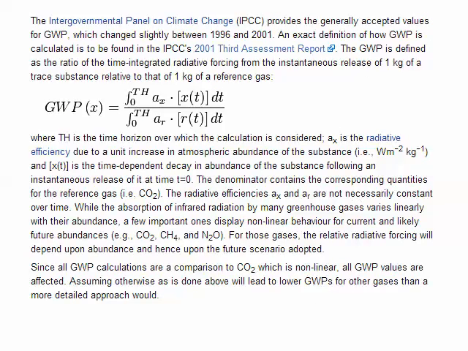GWP is defined as the ratio of the time integrated radiative forcing from the instantaneous release of 1 kilogram of a trace substance relative to that of 1 kilogram of a reference gas, where TH is the time horizon over which the calculation is considered. A sub x is the radiative efficiency due to unit increase in the atmospheric abundance of the substance, i.e. watts per meter squared per kilogram.